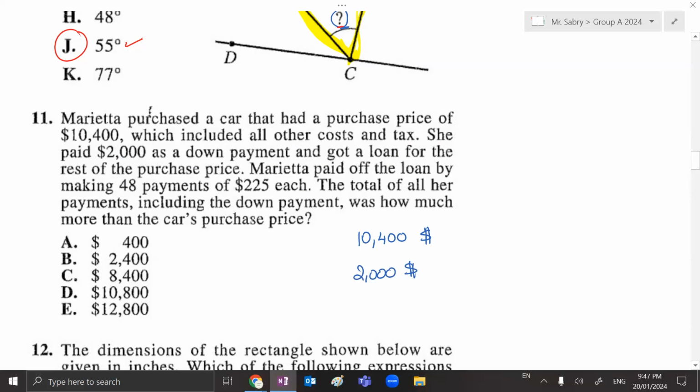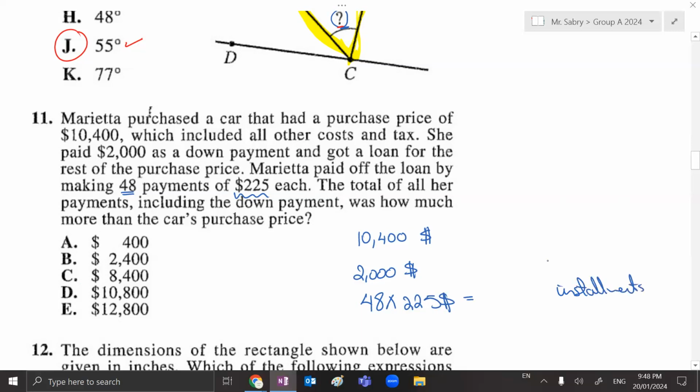Marietta paid off the loan by making 48 payments of 225 each. 48 payments times $225 each would get me the overall installments that she paid.